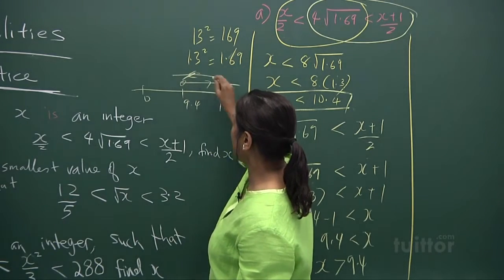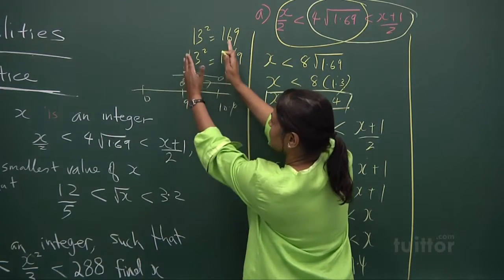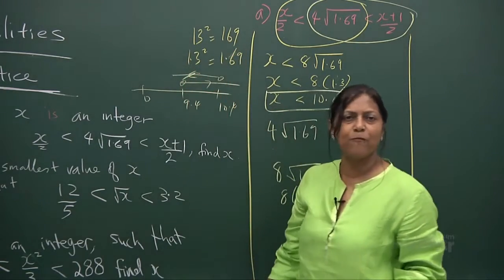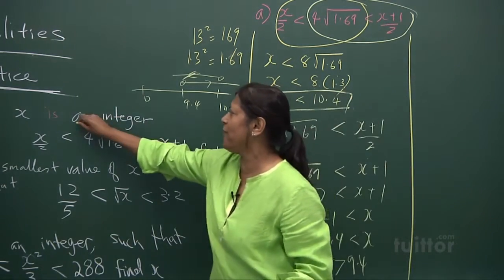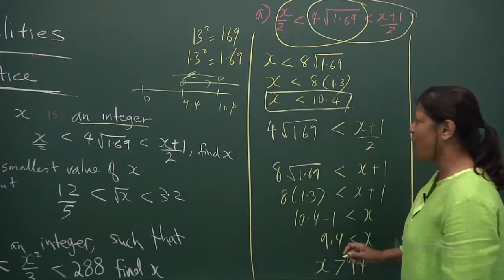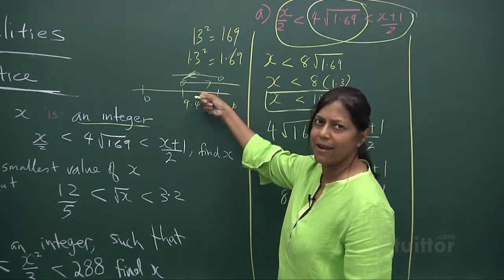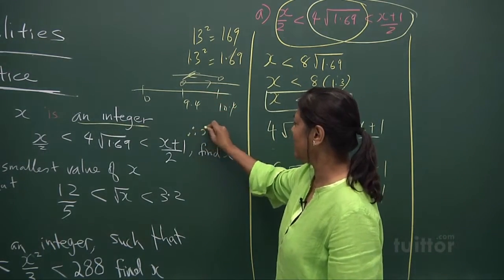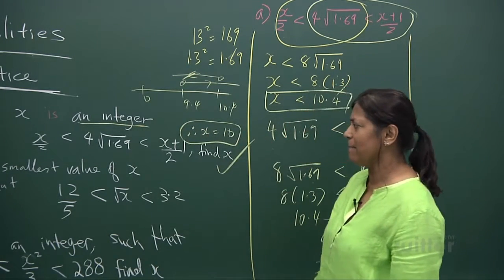So x is lying between these two, 9.4 and 10.4. And what's the integer value of x? Therefore, your x is equal to 10. You can see the integer x is equal to 10. That's your answer for this sum.